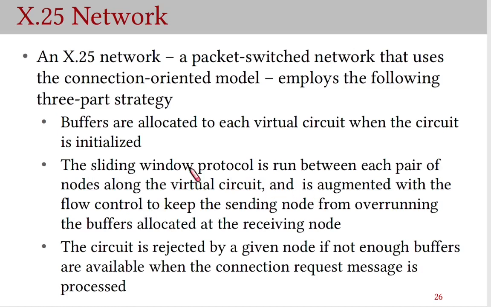And then this sliding window was augmented with flow control, so that the receiver could prohibit the sender from sending data at a higher rate than it can possibly process. And lastly, the circuit setup request was rejected if a node didn't have enough buffer when the connection request message was processed.